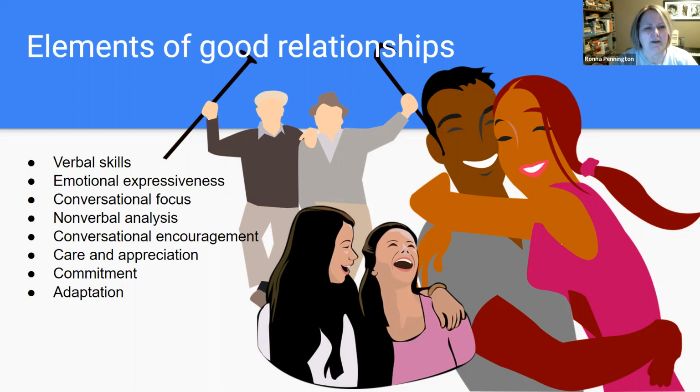The good relationships also have conversational focus. It's easy to stay on topic with each other, and you can follow the line of thought. Nonverbal analysis is also part of good relationships.